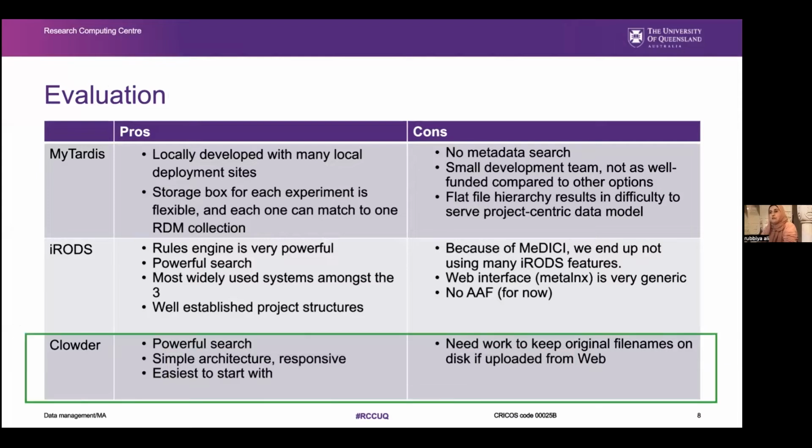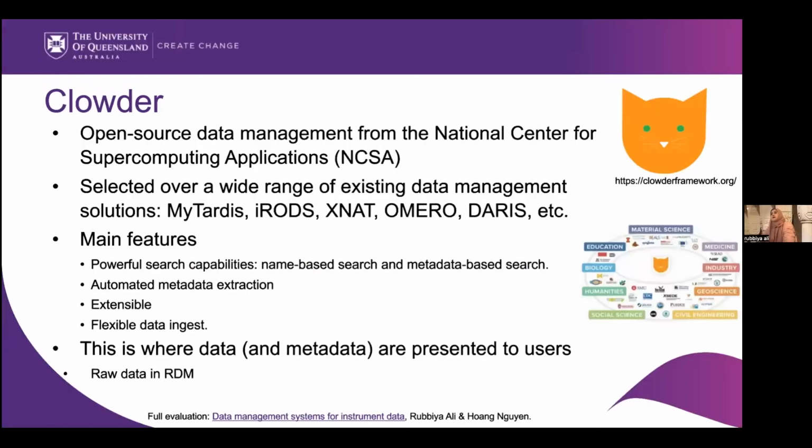According to the needs we had at CMM and the infrastructure we have at UQ, Clowder was the most suitable framework for us. The reason was it has a powerful search engine, the architecture is very simple and responsive, and it was very easy to start with. So we selected Clowder.